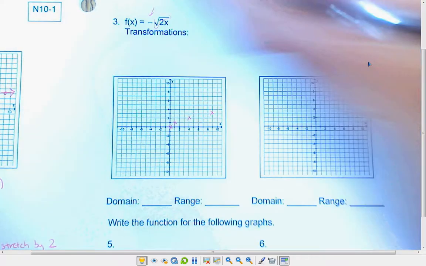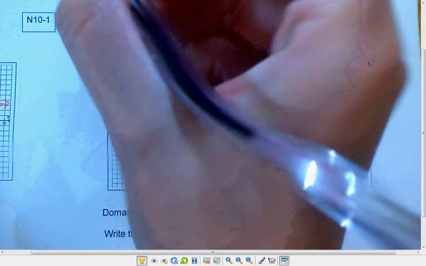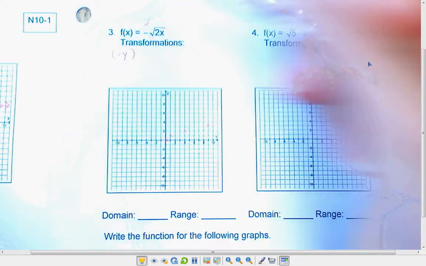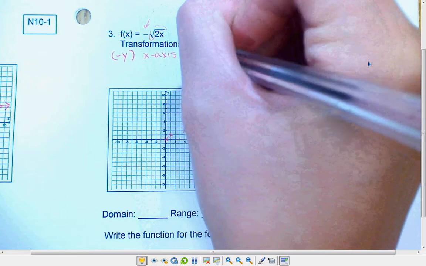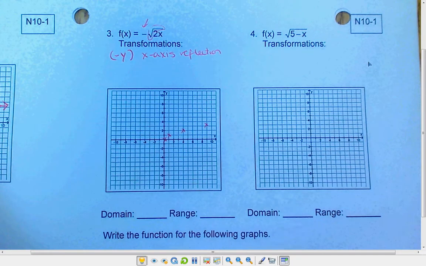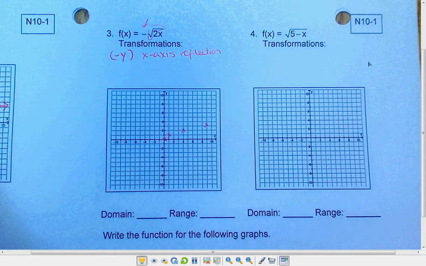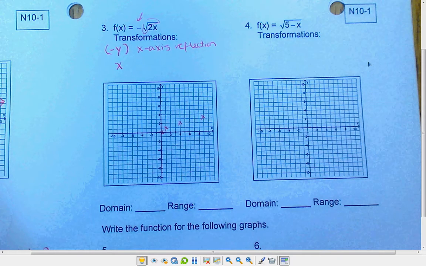So this negative is on the outside. So what is it affecting? Your y's. If it's affecting your y, this is an x-axis reflection. Now the 2 is on the inside, so it affects your x's. But remember, whatever is affecting your x is going to be the inverse.